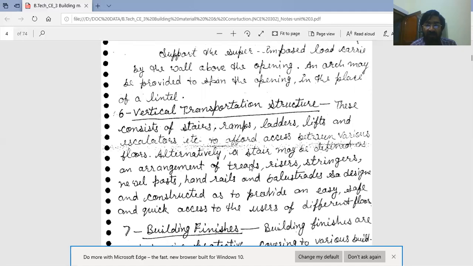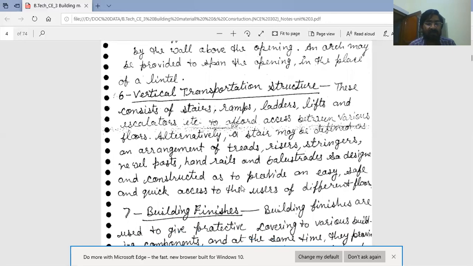A stair may be defined as an arrangement of treads, risers, stringers, newel posts, handrails, and balustrades, so designed and constructed as to provide an easy, safe, and quick access to the users of different floors. In simple words, stair is a series of steps.